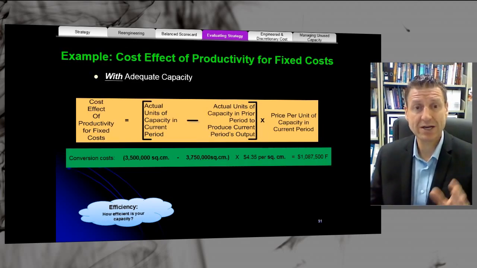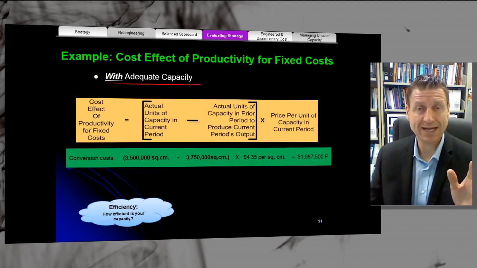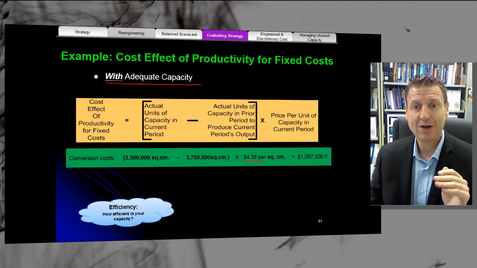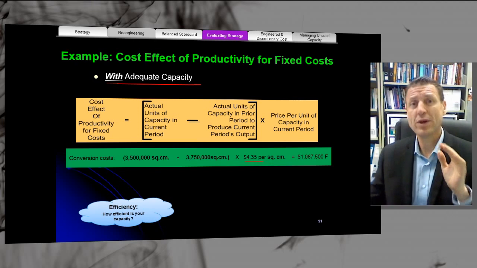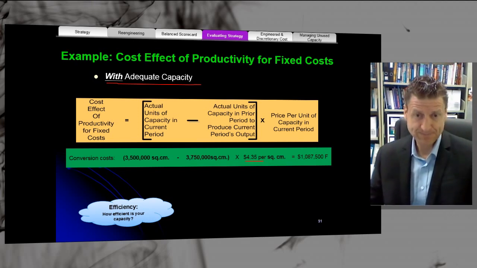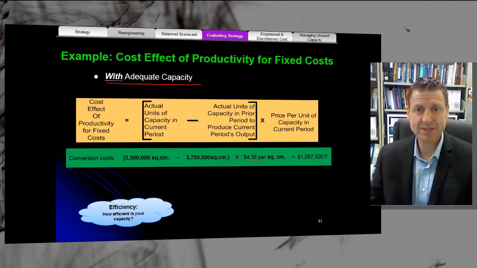Well, for fixed costs, assuming adequate capacity again, we are looking at two calculations. Again, we're working with the price per unit of capacity in the current period, and that's $4.35 per square centimeter. We want to multiply that by two numbers here.